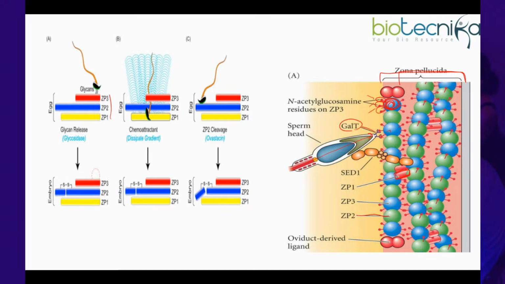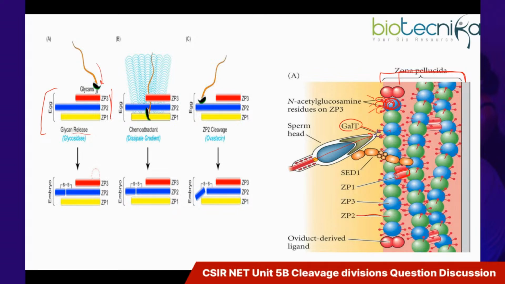Then you have the egg, as you can see here, and some sperm is coming and binding. So we have ZP1, ZP2, and ZP3. Here we have the glycan-releasing glycosidase. These are all from the cortical granules. What is happening? If the glycan release is there, just have a look at what happens. There is a disulfide linkage somewhere here in ZP2, so that part is actually cleaved.